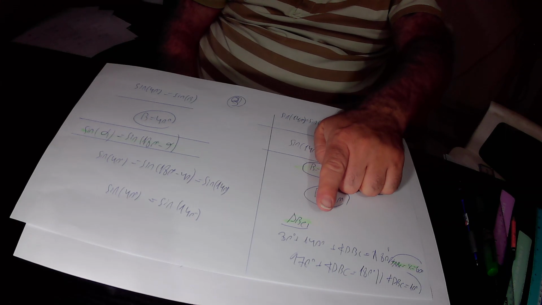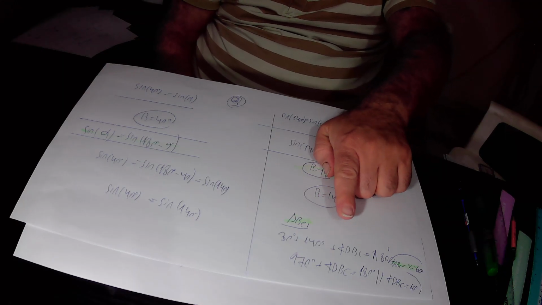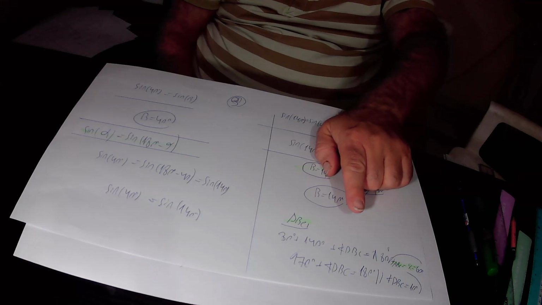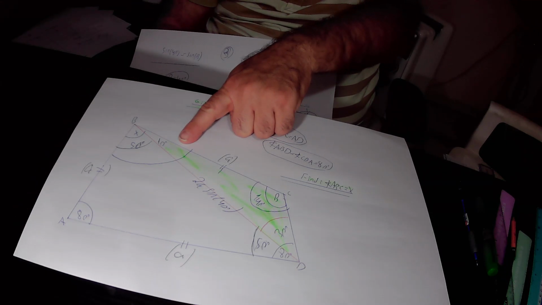If we subtract 170 degrees, we find out that the missing angle DBC equals 180 degrees minus 170 degrees, which is 10 degrees. This is the missing angle DBC that equals 10 degrees in size.